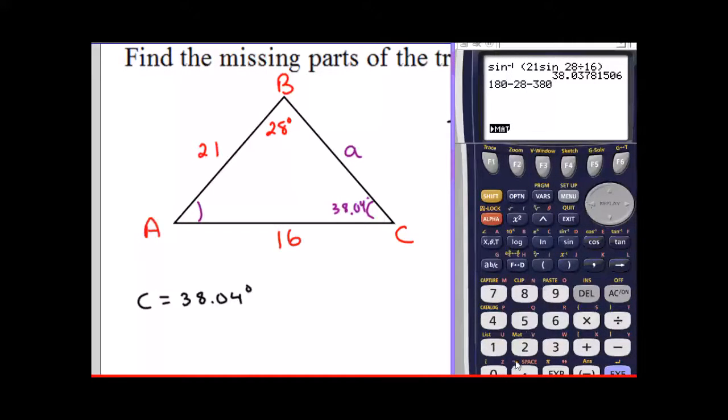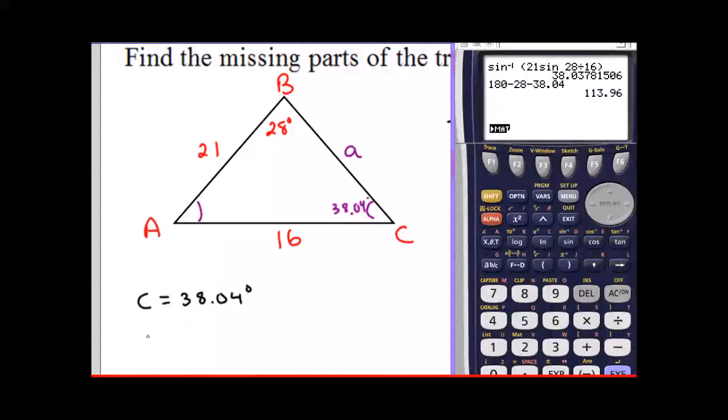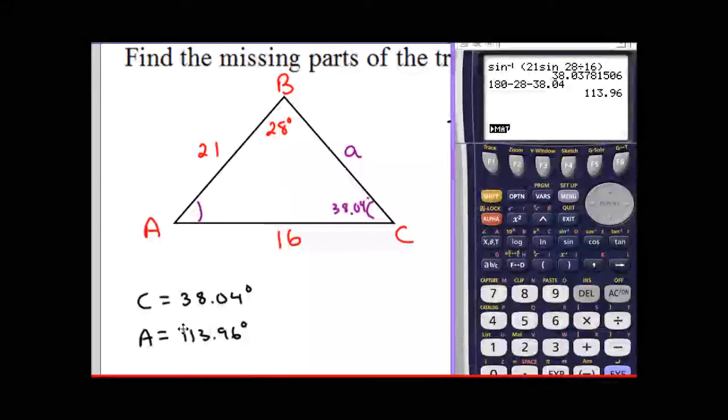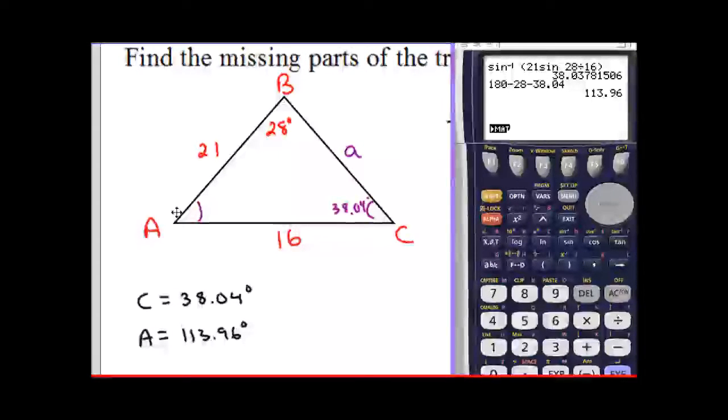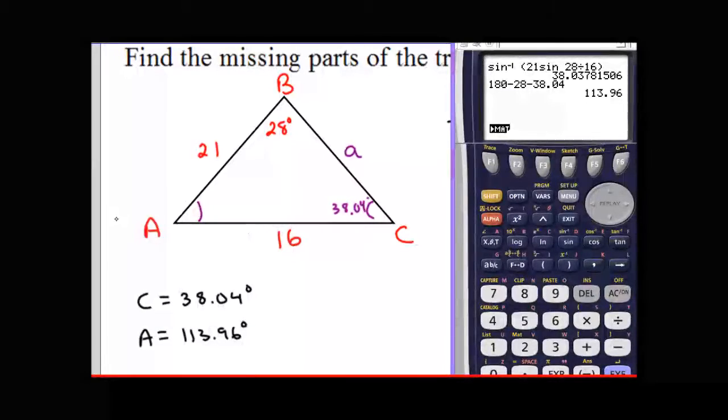So angle A is going to be 113.96 degrees. Okay, now, guys, obviously my sketch isn't good. Angle A is an obtuse angle.